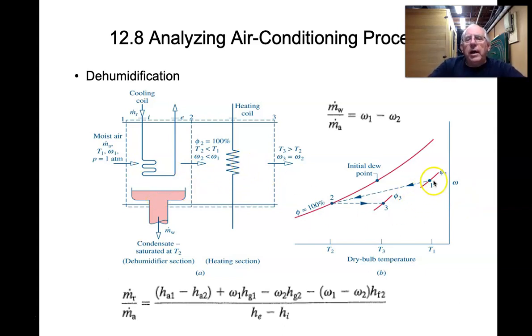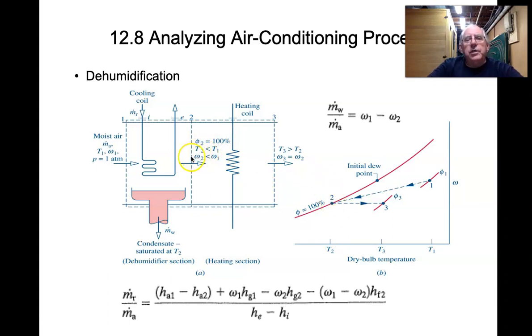And so as much moisture as necessary is brought out such that we reach the saturation condition at a lower temperature T2. And so that's the location of this mixture here.